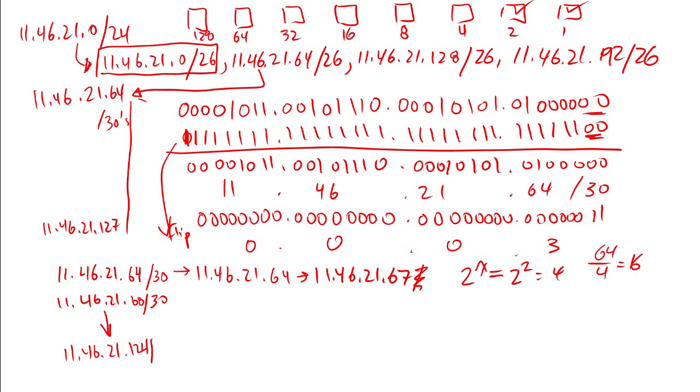Because 4, 5, 6, 7. So the start of your network is always even, the end of your network is always odd. So this is /30, and there are 16 of these. You don't believe me. So that's subnetting in a nutshell. Thank you.